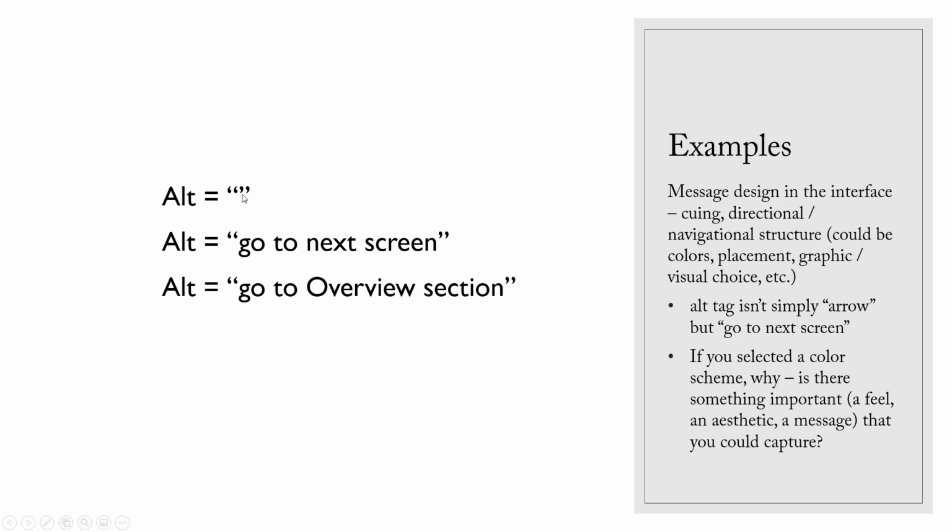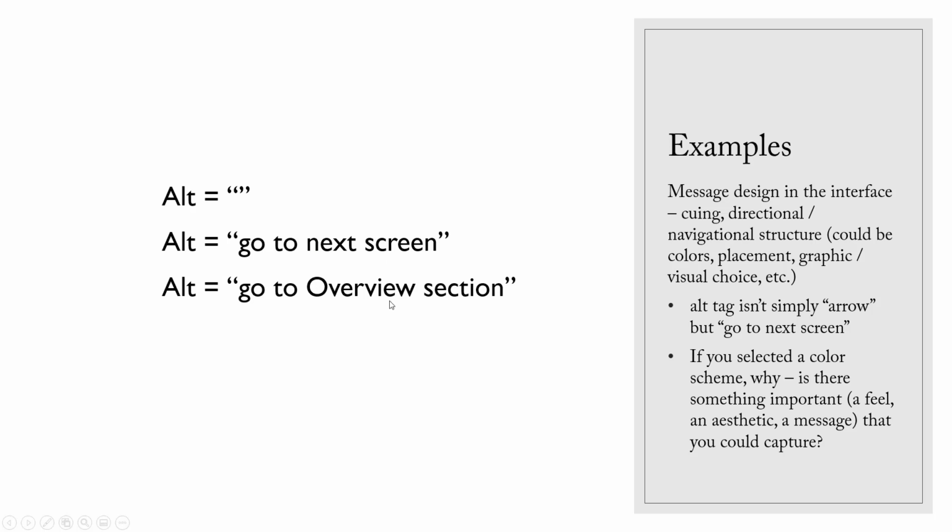And that way, if you feel like having the Egyptian guys dancing is sort of an aesthetic or something that you want to communicate, then you would incorporate that in. And here you can see there's some difference between saying go to the next screen versus go to the overview section.